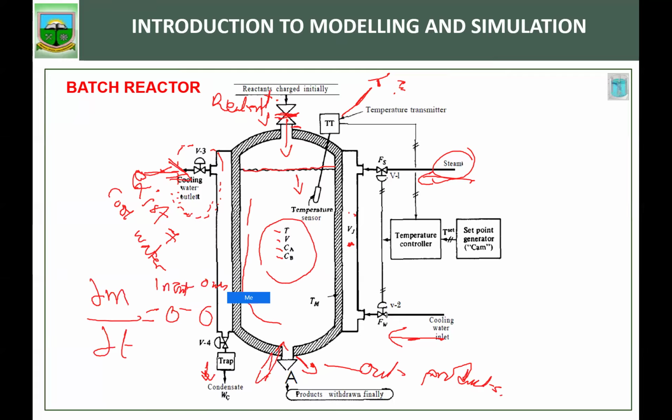So this is 0. So it means that for a batch reactor, the total continuity or total mass balance is always equal to 0, which means that the input is always equal to the output.